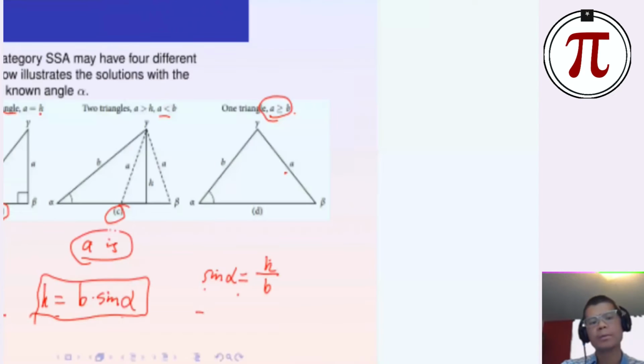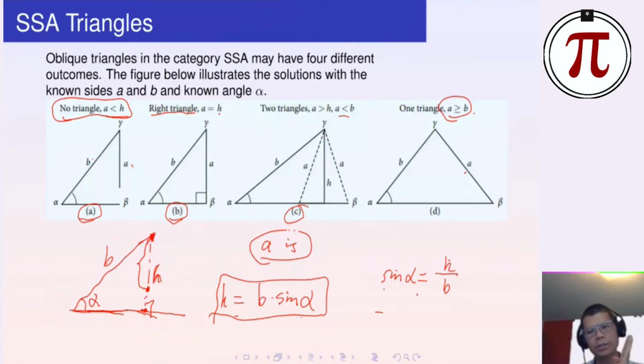Okay, here we go. Now you can see that h is a very important quantity here, right? It determines whether there is no triangle, right triangle, two triangles, or one triangle, right? So it's really important to know what h is.